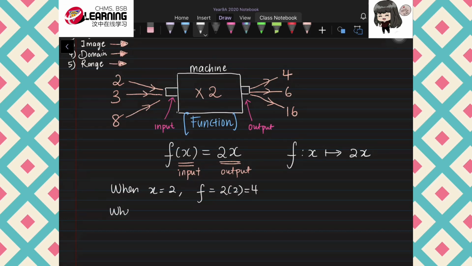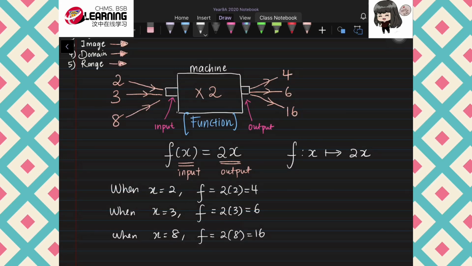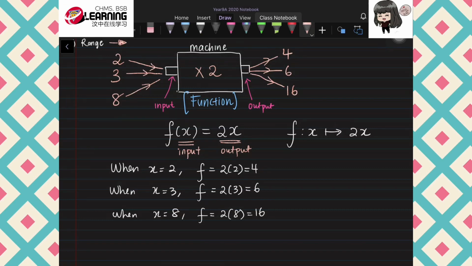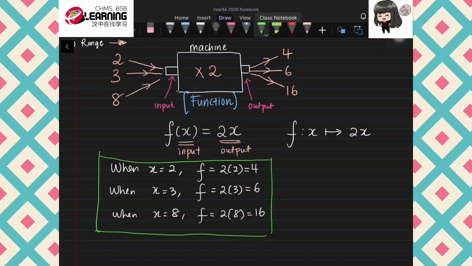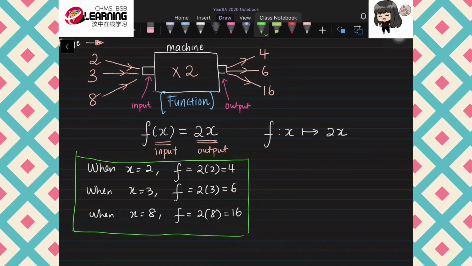When x is 3, f will generate 2 times 3, which gives you 6. When x equals 8, your function gives you 2 times 8, which is 16. Instead of writing when x equals 2, when x equals 3, when x equals 8, it is much simpler to write in this form.